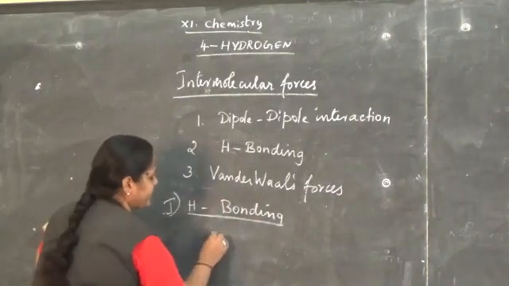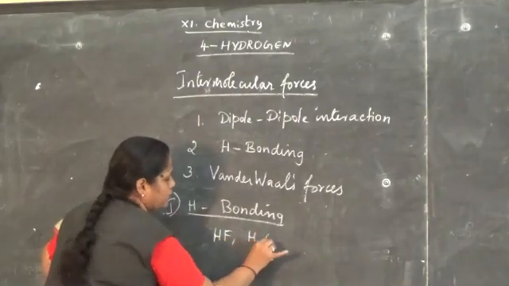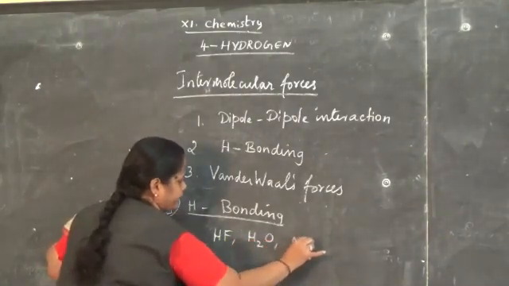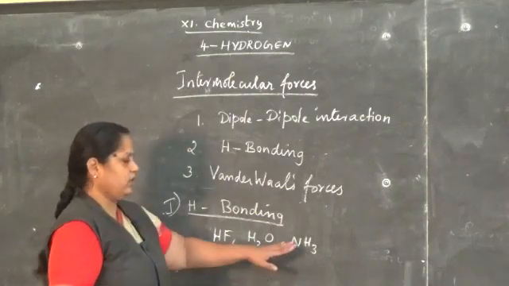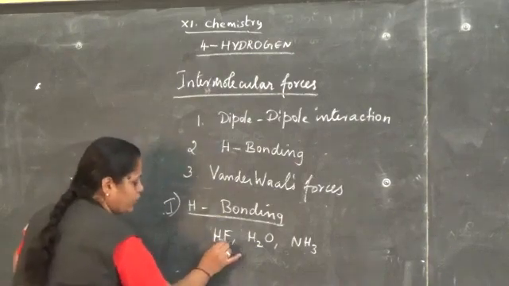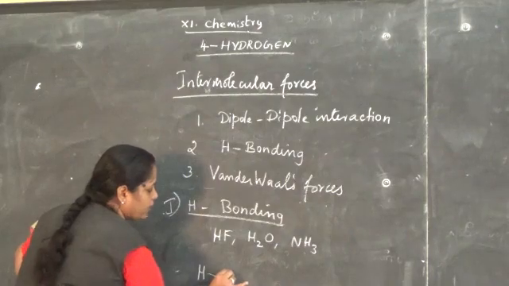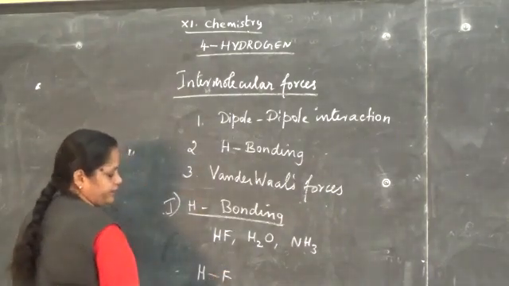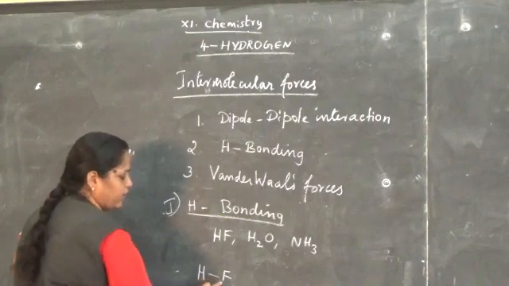Let us consider these three molecules: HF, H2O, NH3. Hydrogen fluoride, water molecule, ammonia. In the hydrogen fluoride molecule, hydrogen forms a covalent bond with a fluorine atom. Sharing of electrons between two atoms is nothing but a covalent bond.